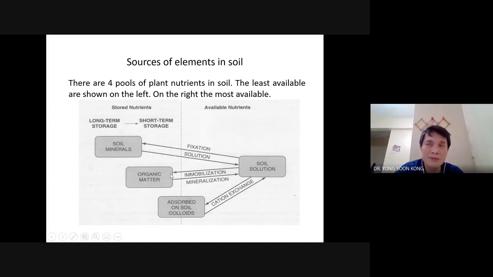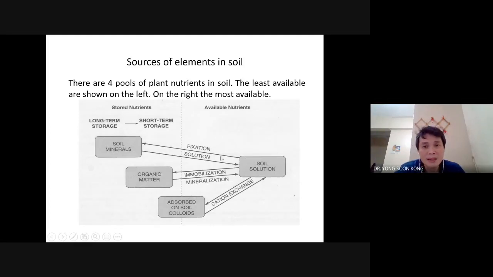Active uptake means, for example, the nutrients dissolved in soil moisture are absorbed by a living plant. So that is active uptake. It involves some energy from the living organism, absorbed into the plants and then assimilated, and it becomes part of the plant. Part of the plant could be the leaves, twigs, tree branches, even the roots itself. So these are part of the organic matter.